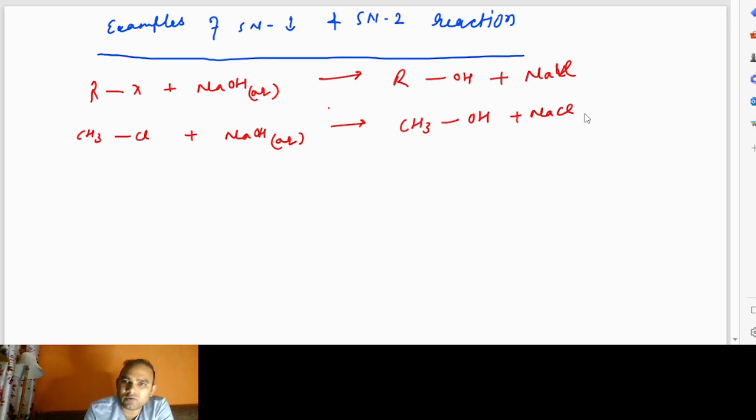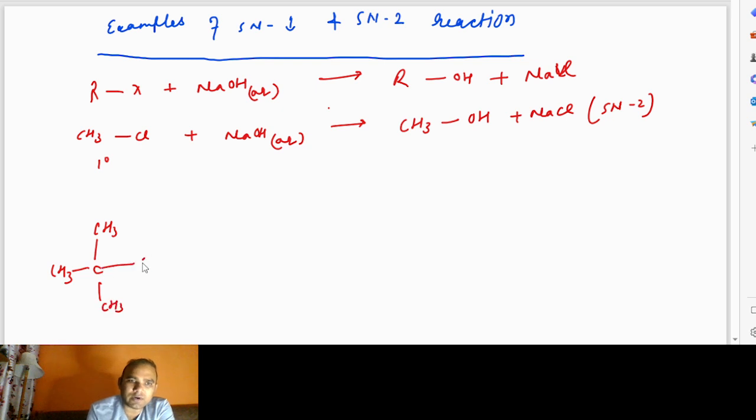Now if I mention this compound in some different form, suppose I write it like this, with Cl here, and again I write NaOH aqueous.